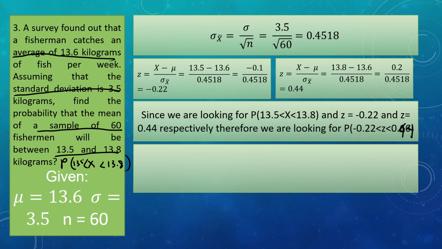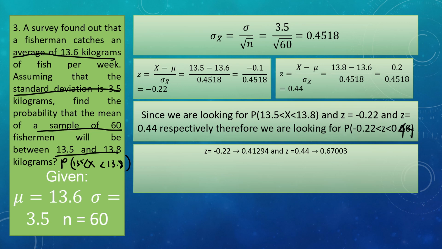Okay. Now, what we are going to do is find the area that corresponds to negative 0.22 and 0.44. For negative 0.22, it is 0.41294, and for 0.44, that is 0.67003. We find these by using the Z distribution table, or the area under the standard normal table, so we can find the area that corresponds to a specific Z value.